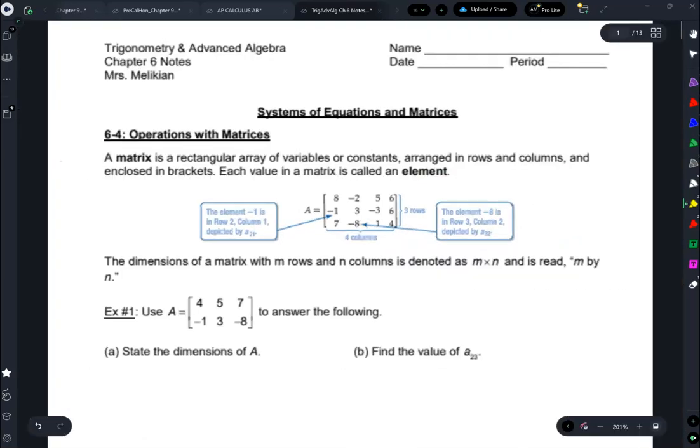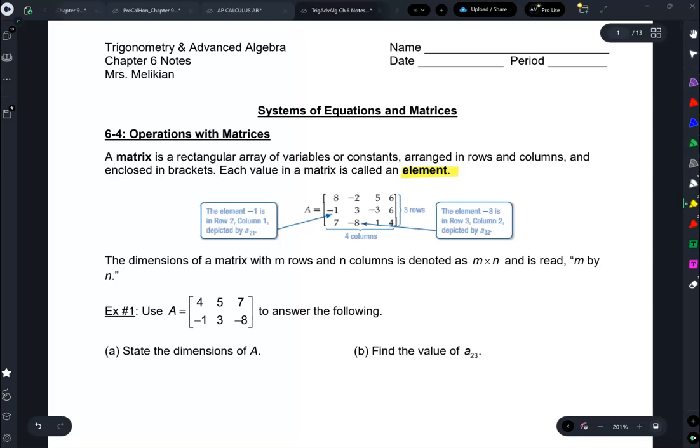Okay? Now, the dimensions of a matrix is basically the size of a matrix. And it's given by m rows and n columns in that order, written as m by n, right?